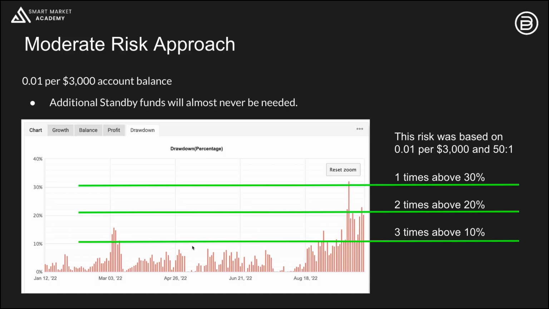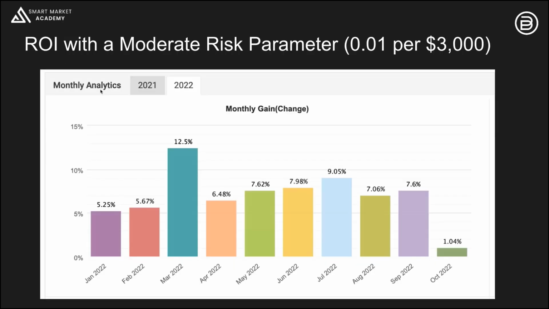Okay. Now, what are the type of returns we get on that risk parameter? Well, 1 microlot per 3,000, you can see right here that we get in around about 5 to 7% return. So again, that's a pretty solid return for a very low risk. And this is what's important.